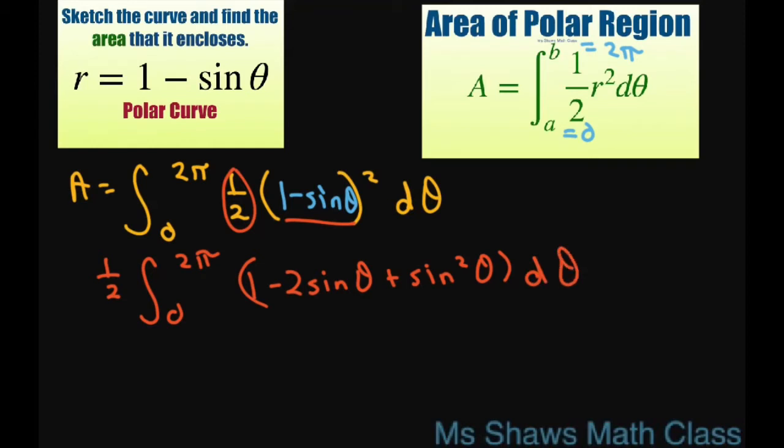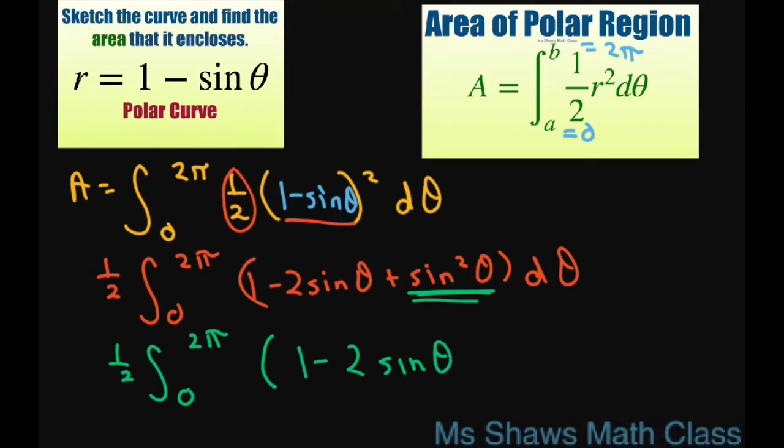Now, I'm going to use my identity for this and write this as 1/2 the integral from 0 to 2 pi of 1 minus 2 sine of theta. And then for this piece, I'm going to write this as plus 1/2 times 1 minus cosine of 2 theta, d theta. All right.